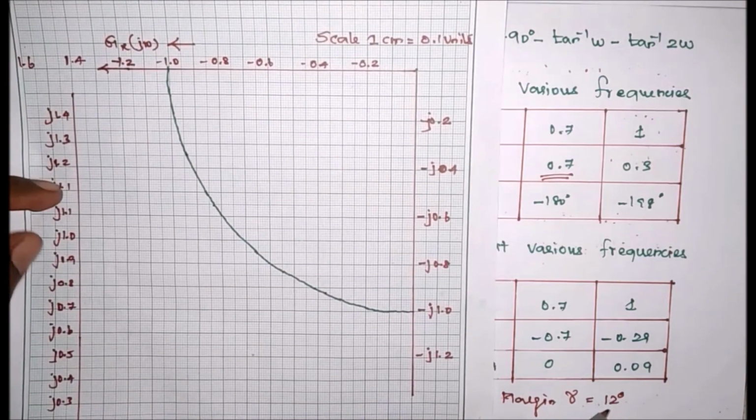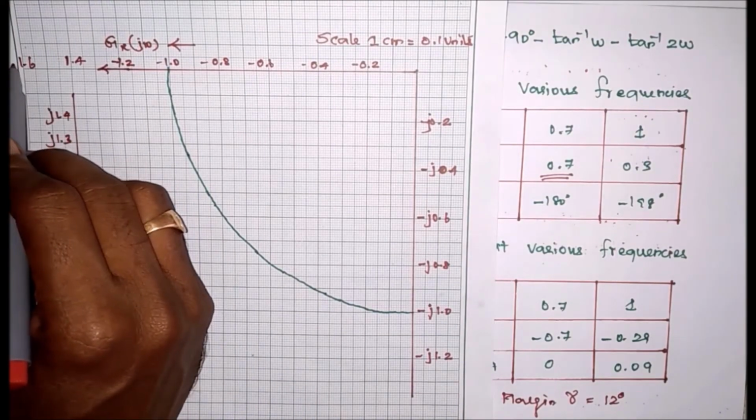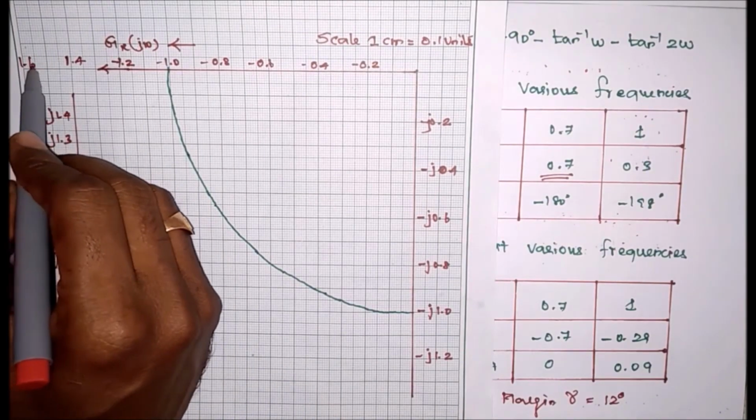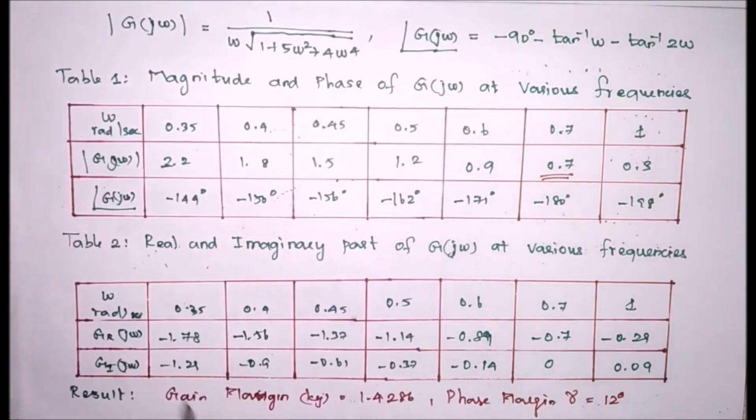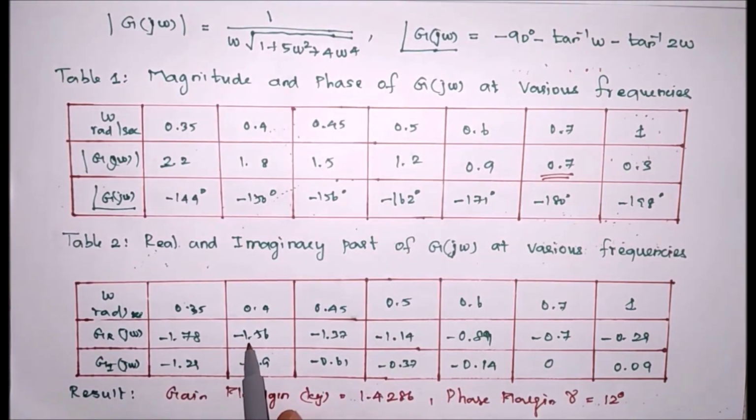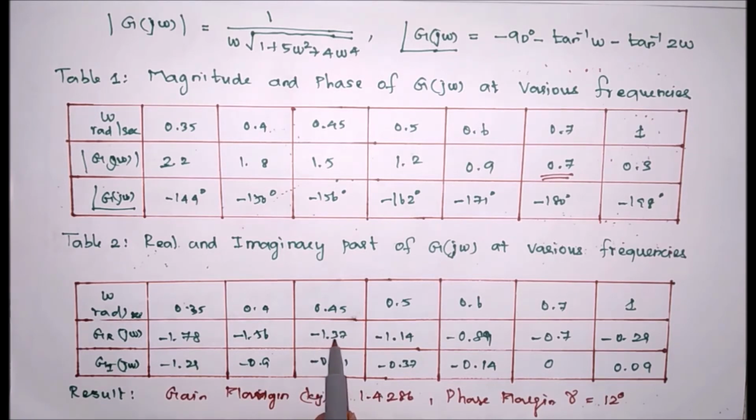In this graph, space is not available to mark minus 1.78, so we can neglect this, and also space is not available to mark this. So we can start with these values. Now for omega equal to 0.45, real part equals minus 1.37, imaginary part equals minus 0.61.